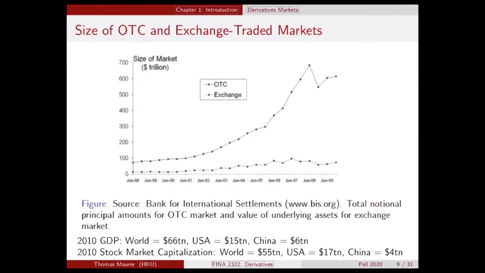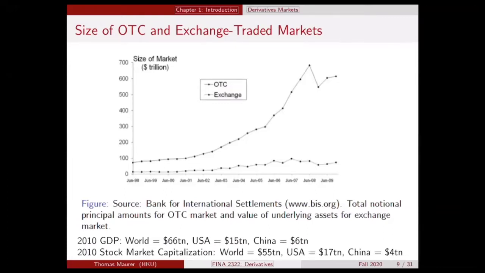So it makes trading these derivatives more attractive to financial institutions or traders in general, and so they rather choose to trade in private and not on these public exchanges. Another thing is also just that most contracts like swaps, for example, and forward rate agreements, which are all interest rate derivatives, most of them are just not traded on exchanges.